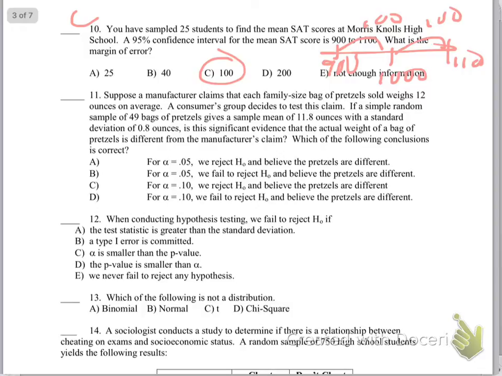Okay, let's do number 11 here. So what I did is I put this into the graphing calculator, and I said mu is equal to 12, my x bar is equal to 11.8, my standard deviation is 0.8, and n is equal to 49, and I got a p-value of 0.08.